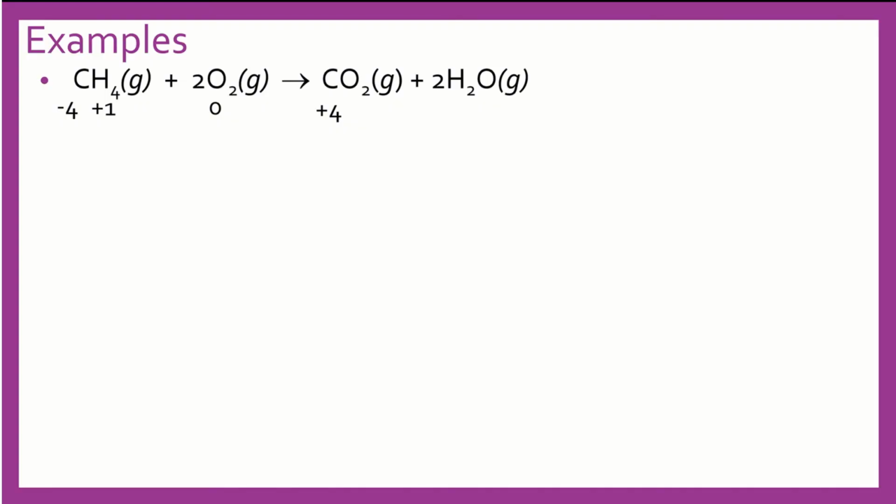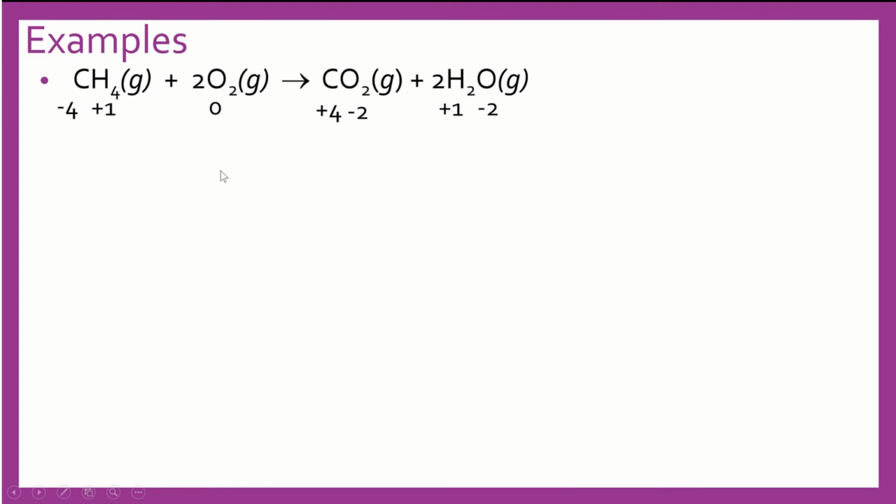Again, carbon is positive 4 because now he's paired with oxygen, who's negative 2 and 2 of them. So look at that. Carbon went from negative 4 to positive 4. Hydrogen stays at positive 1 and oxygen negative 2. Cancel out. There's our water, H2O. 2 positive 1s cancel out to negative 2.